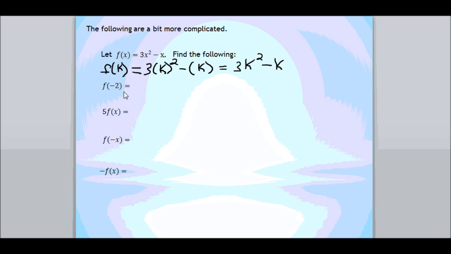Alright, now we know how to do this one. So this says let x equal -2. So that's going to be 3 times (-2) squared minus (-2). Now I want to point out why I keep writing these parentheses.